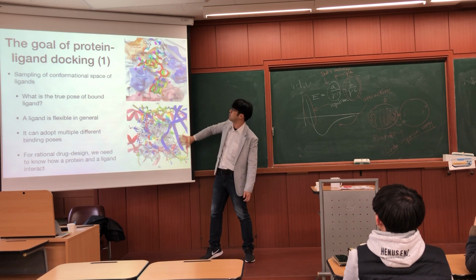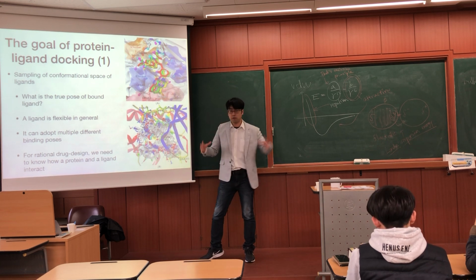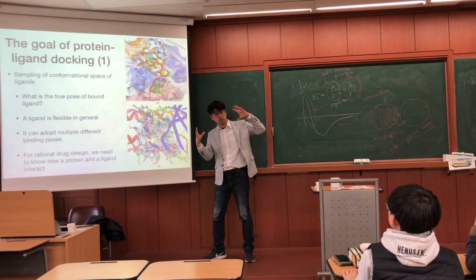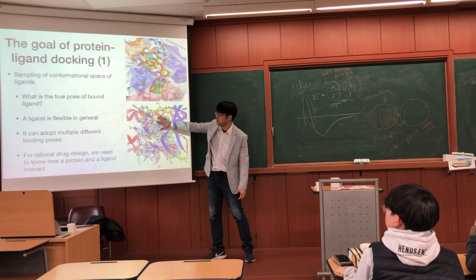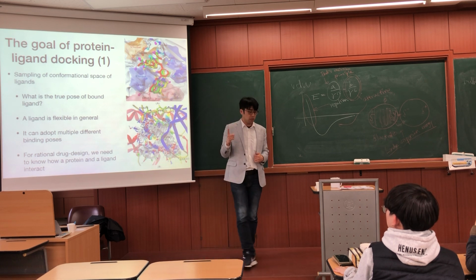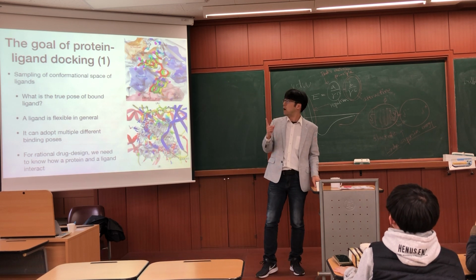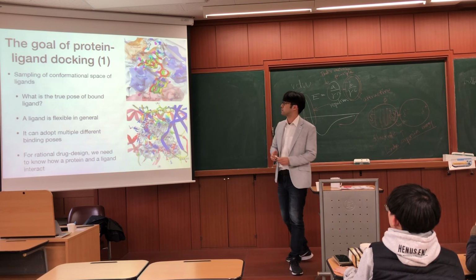These are examples of docking simulation results. If you attach a certain ligand to a protein, there are many ways it can be bound. So the first goal is to identify the correct complex structure.